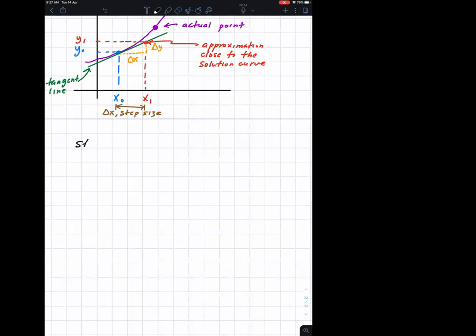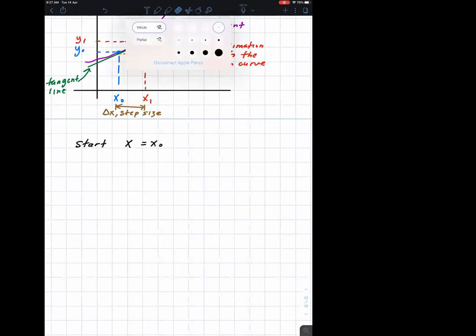Okay, let's start. To develop the formula, for example, we're given this point: x is x naught, and then y is y naught.